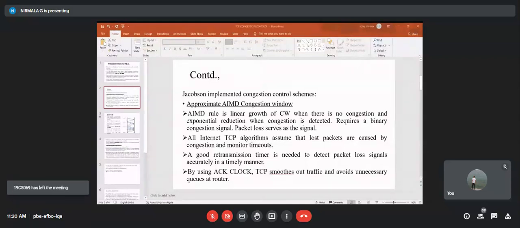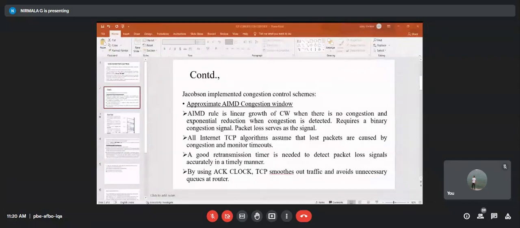This is one of the rules used to control congestion in TCP, approximating the AIMD congestion window. What do you mean by AIMD? It is additive increase and multiplicative decrease. Whenever there is no congestion in the network, the congestion window size will be increased so that it accommodates more data.